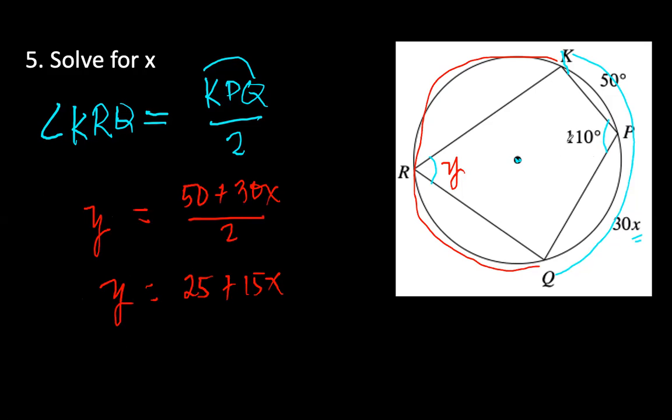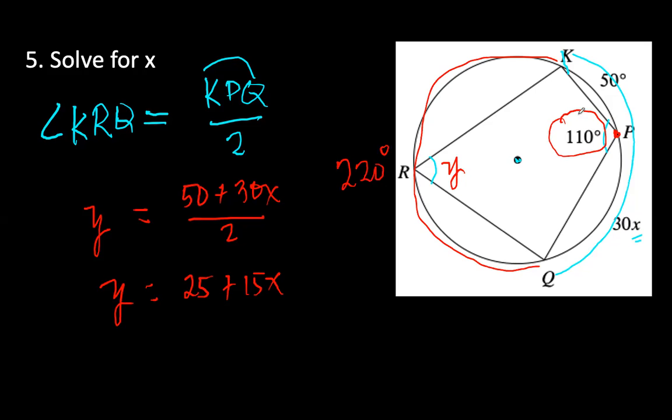And since this is 110 degrees, and this is an inscribed angle as well, we can identify the measure of this arc. Twice the inscribed angle measure is equal to its intercepted arc. So this is equal to 220, right?